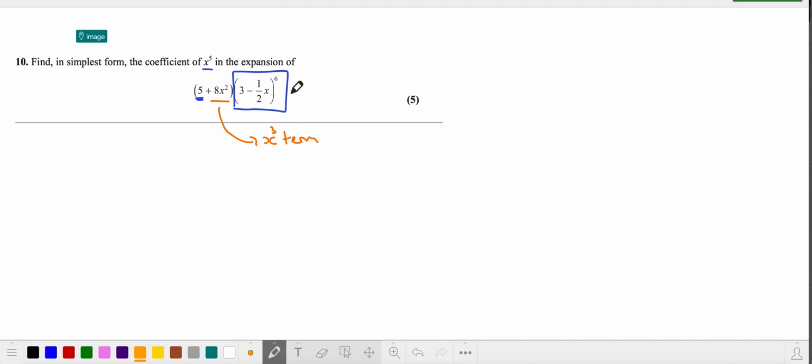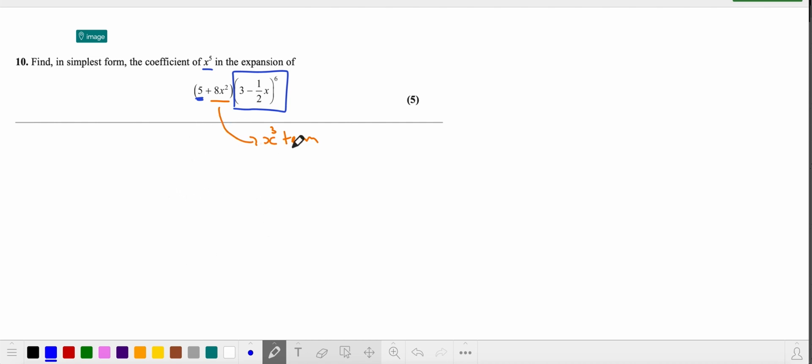So we need to find both of those things, the x cubed term from the expansion and the x to the power 5 term from the expansion, and then we can multiply them by the appropriate term from this bracket and then collect those like terms together for a final answer.